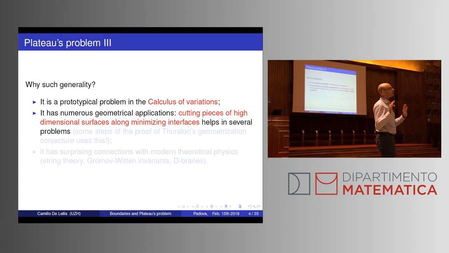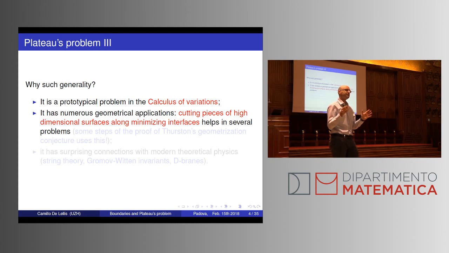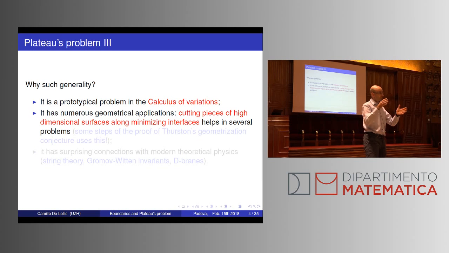So again, in mathematics, in geometry, what happens is that area minimizing surfaces, so minimizers or solutions of the Plateau problem, are natural candidates to, for instance, cut more complicated ambient spaces into simpler pieces.